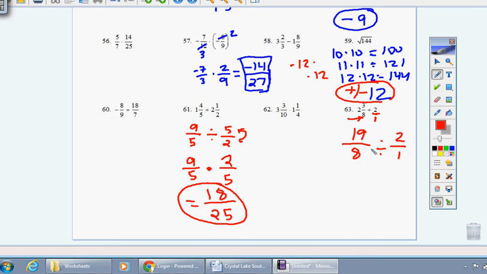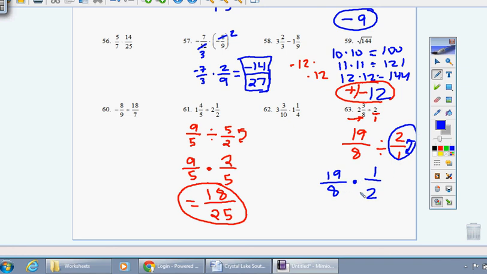Well, remember, dividing by a fraction is the same, like we did over here, as multiplying by the reciprocal. So the 19 over 8 is going to stay the same. But now we're not going to divide by 2 over 1, we're going to flip it and multiply by the reciprocal. So 19 over 8 times 1 over 2, because I'm flipping this last fraction right here.